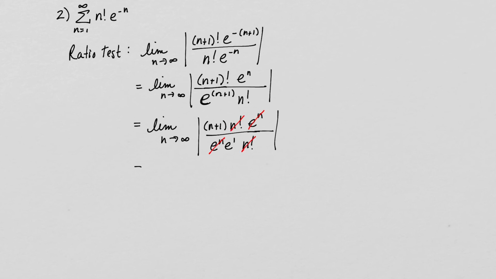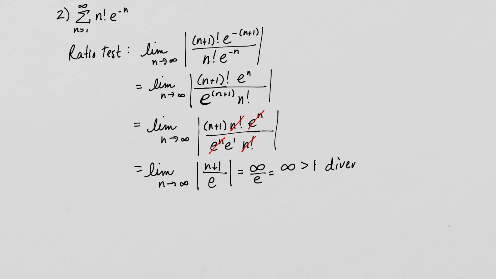And so I'm left with the limit as n approaches infinity of n plus 1 over e. If I take that limit, that ends up being just infinity divided by e, which is infinity. And so that is bigger than 1, so it diverges.